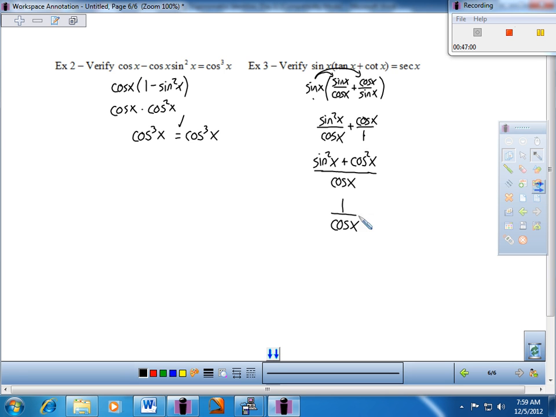And by the way, everybody, what is 1 over cosine of x? Look at the right-hand side, and that's exactly what we wanted. And that's how it's going to work. Notice my work, everybody. I just went vertically on down, simplified, used identities, did good algebra, and it's equal to the right side. And you've proved it.